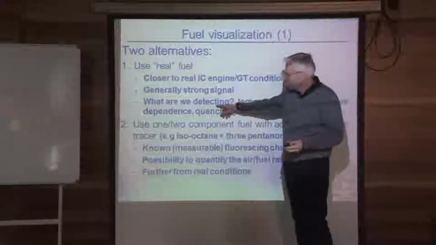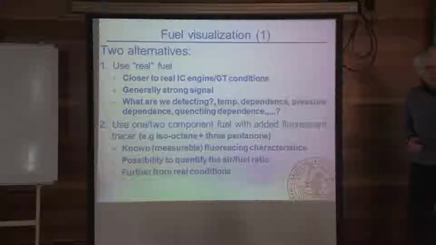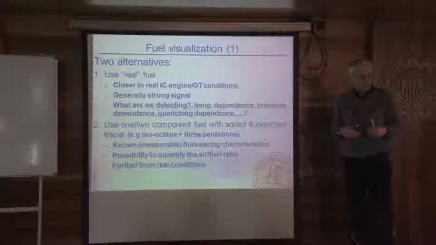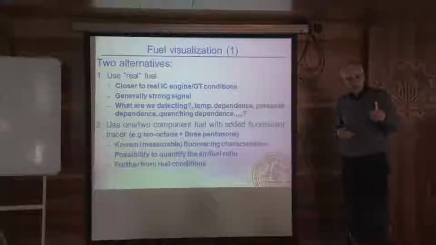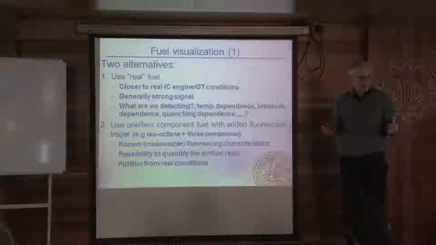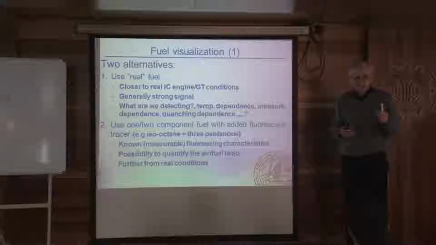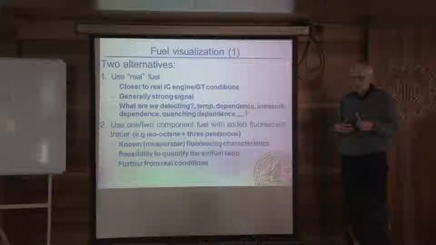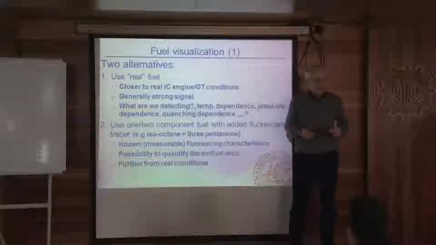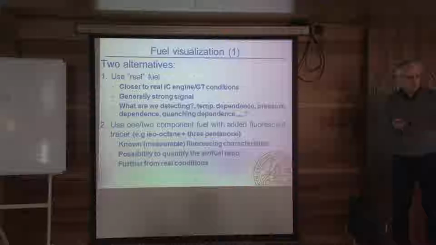Then on the backside, what are we really detecting? We are sending in a laser beam at a certain wavelength. We get a lot of fluorescence. But what is really giving rise to the fluorescence? If we hit kerosene or diesel or gasoline, it consists of hundreds, maybe thousands of individual hydrocarbons. And we have no idea what gives rise to the fluorescence. So how can we compare experiments? If we go to Volvo, they use some kind of gasoline.